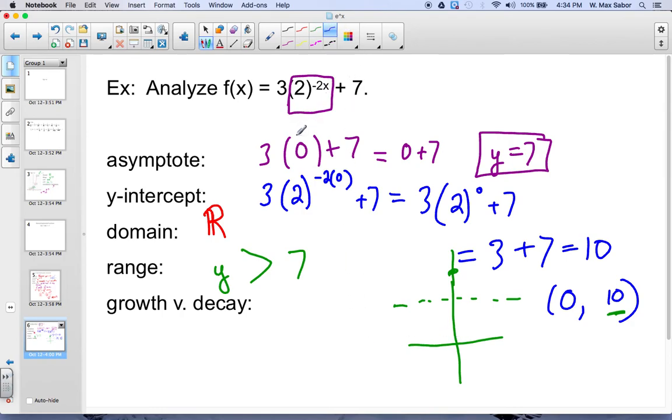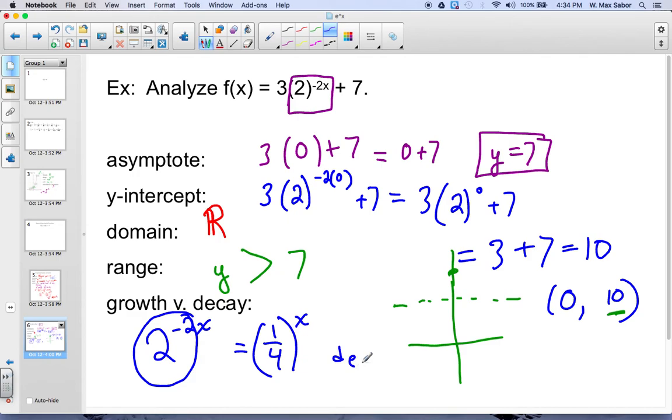And lastly, is this growth or decay? This is the case where we have 2 to the negative 2x. Because 2 to the negative 2 is the same thing as 1/4 to the x, that is why it's decay.